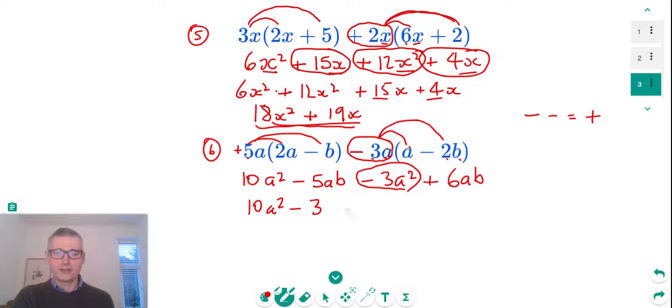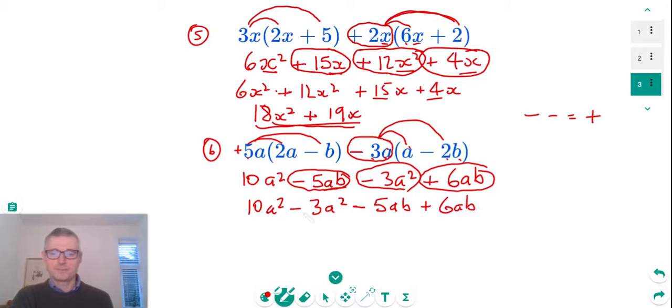I'll put it next to the 10a squared. There we go. And then I'm going to look at the ABs. There's the ABs. That's got a minus in front of it, and I'm going to put that there. Minus 5AB. I'm going to look for any other ABs. So there's my other ABs, which is there. So I'm going to write plus 6AB.